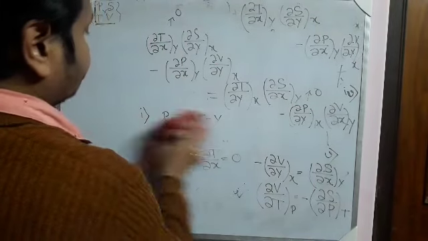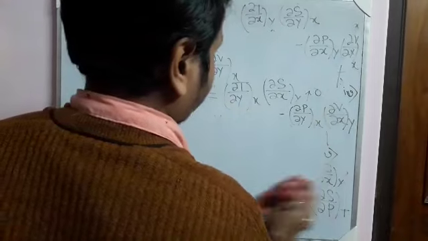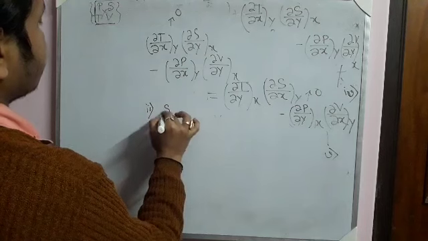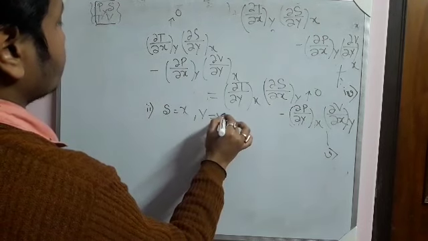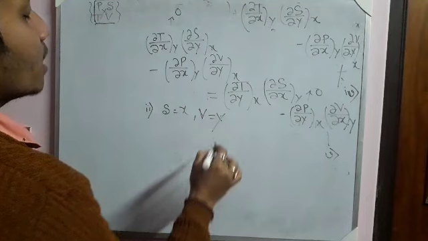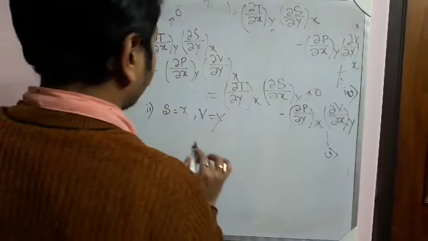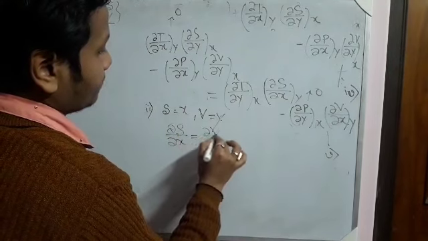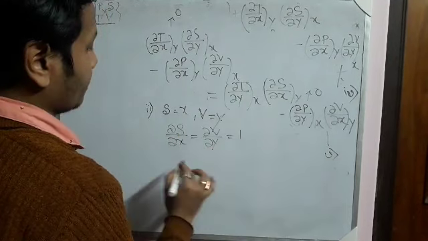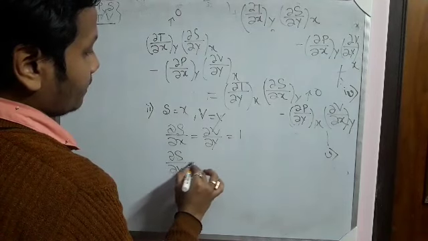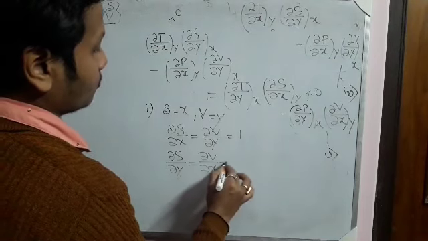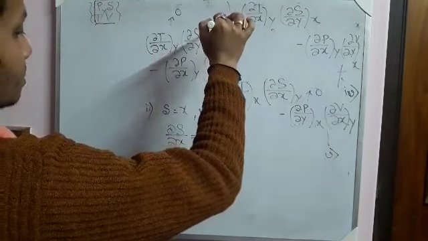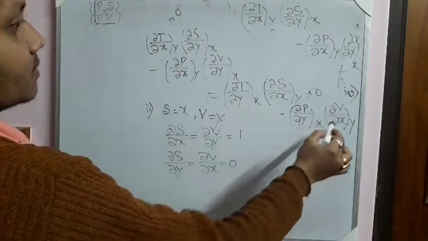Now we assume X is S and Y is V, that is, you can also assume S equal to Y and V equal to X since the variables are independent. So what will be my del S del X and del V del Y? This is equal to 1. And what will be del S del Y and del V del X? This is 0. So del S del Y is 0, that means this term is 0, and del V del X is 0, that means this term is 0.